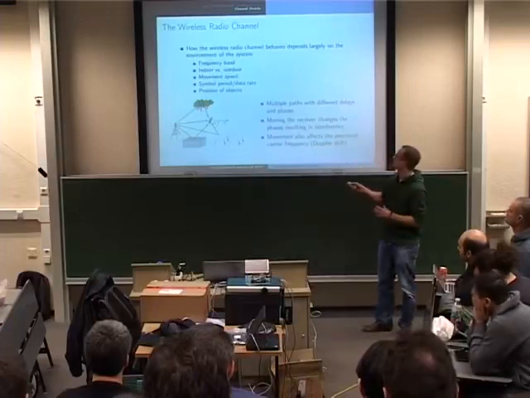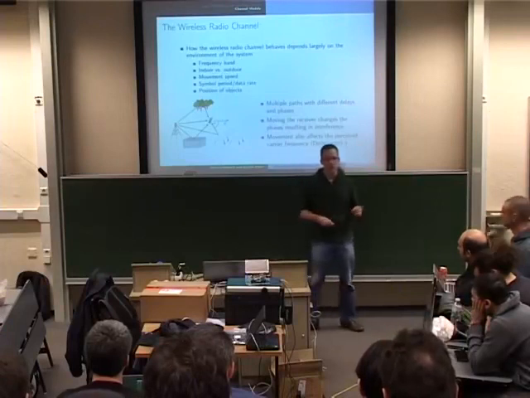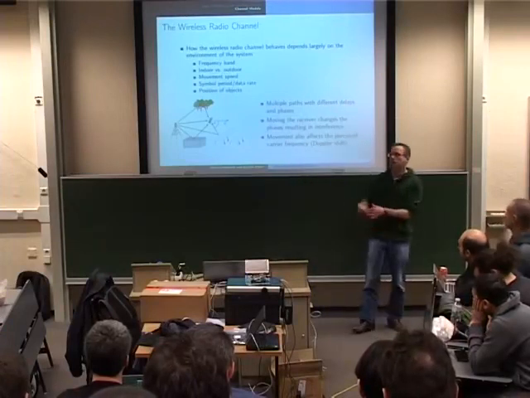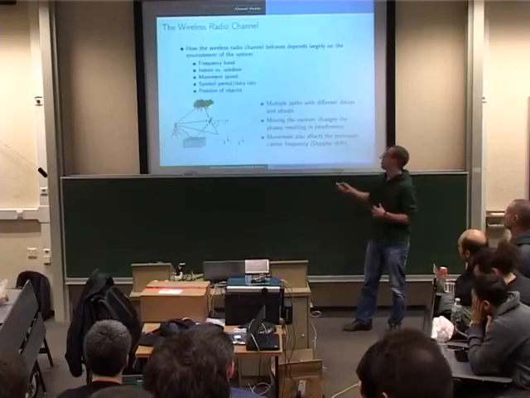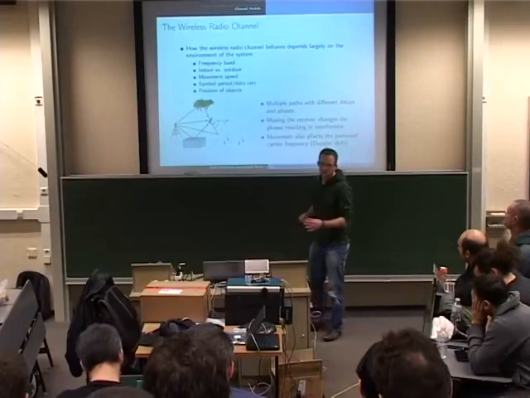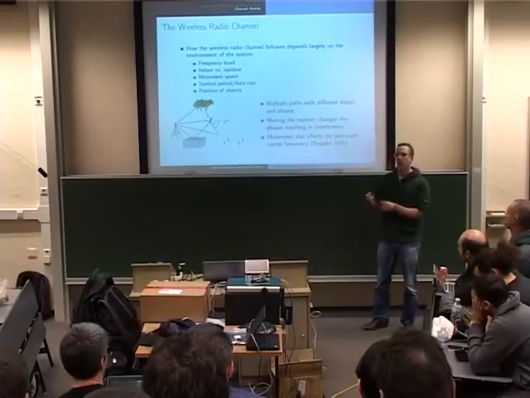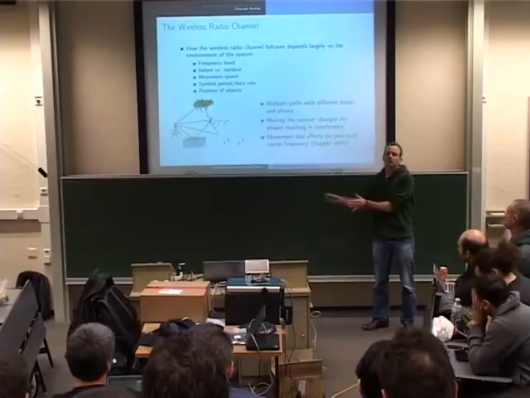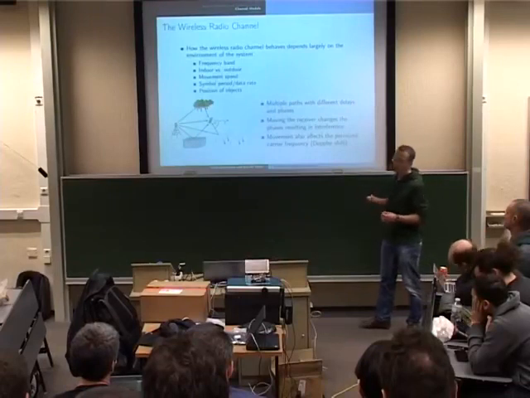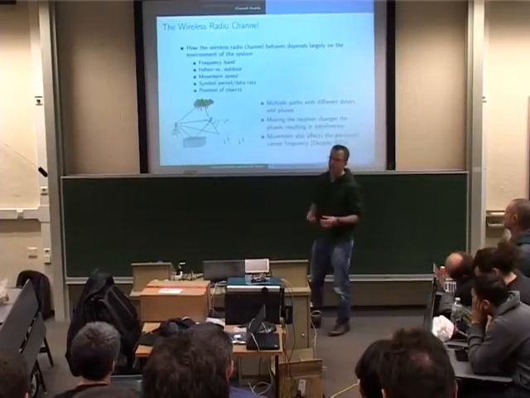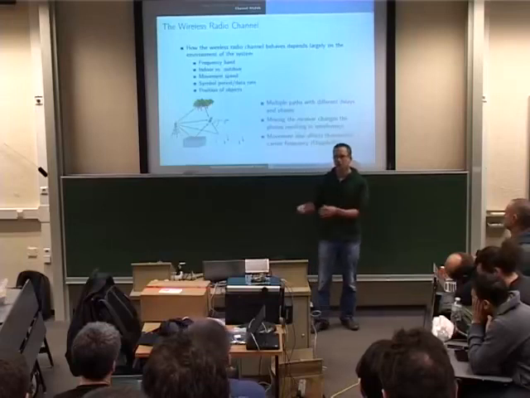Of course it depends on the frequency band. Whether you're transmitting at 100 megahertz or at 2.4 gigahertz makes a lot of difference. Or if you're outdoors or indoors, that's also a huge difference. How long does it take for your signal to get from the transmitter to the receiver? That's just one example. It also depends on your movement speed, whether you're talking on your cell phone while moving around on foot or driving in a car.